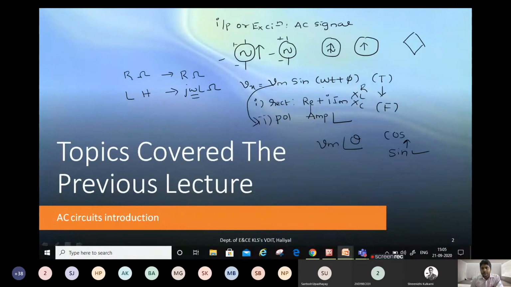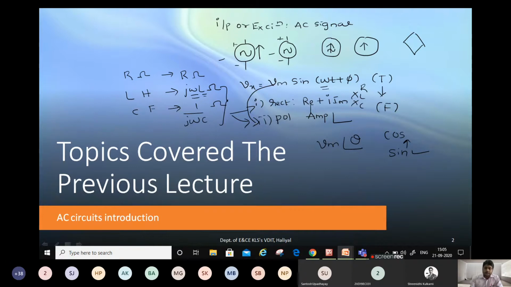Omega can be obtained from the given equation, and L from the given value of L. Similarly, capacitance may be given in farads, so you convert it into 1 by j omega C. These two values will first be available in rectangular form, and you can convert them into polar form. This activity we have done already, and I also gave one practice problem in the last lecture.